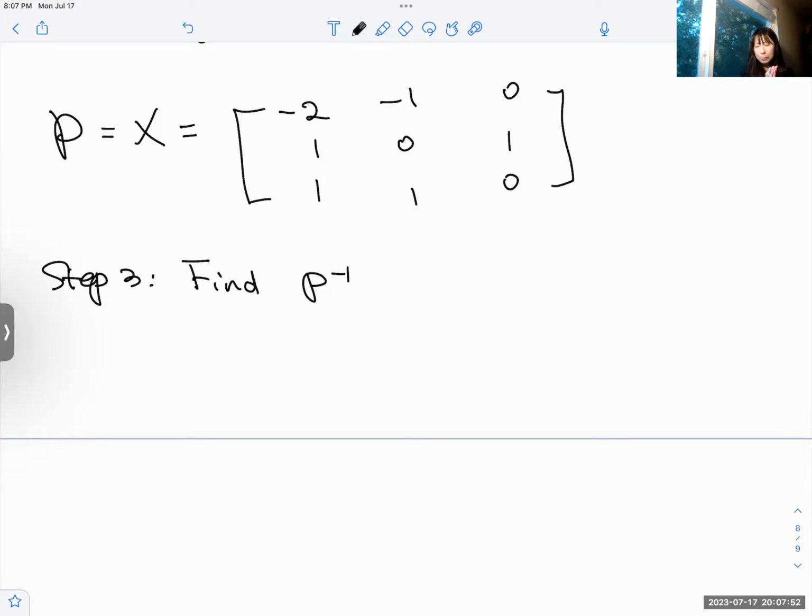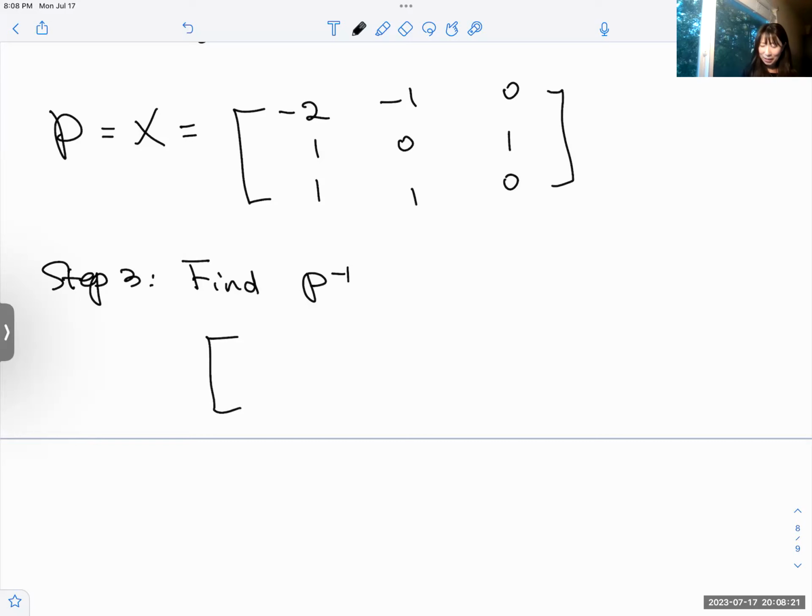So what we do is use the identity matrix. Can we still use row reduction operations?